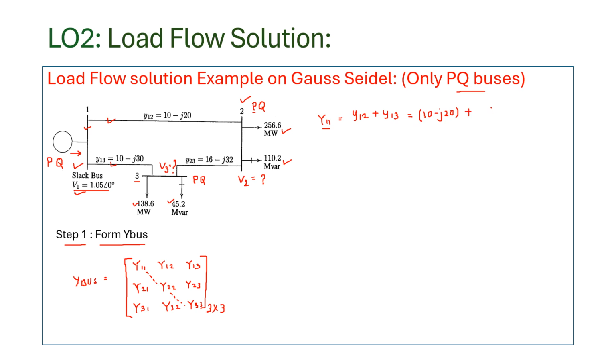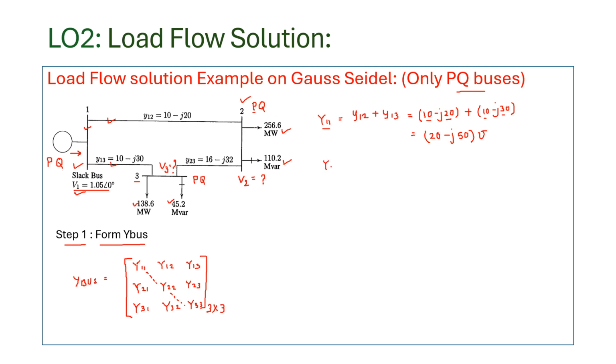Y13 is 10 minus J30. Now we can add them. 10 plus 10 is 20, the real part is added, then the imaginary part, 20 and 30, is 50. So Y11 is 20 minus J50 mho.